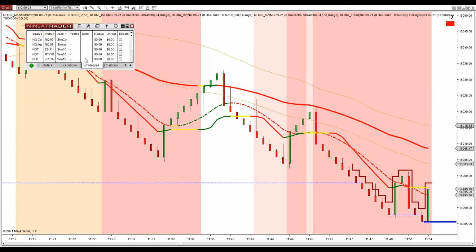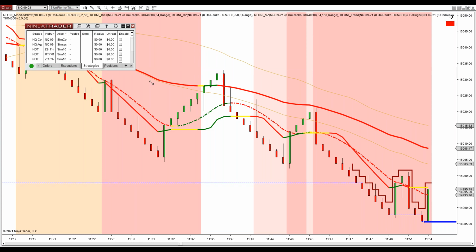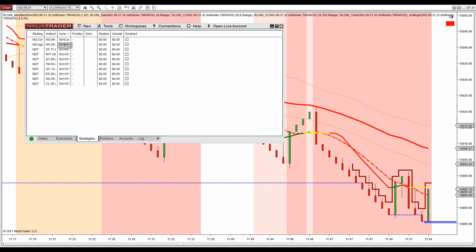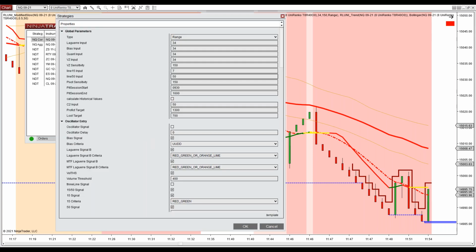Here is the back end, which we are going to look at. And we're going to look at the conservative. We're going to edit. We're going to open up all the numbers.